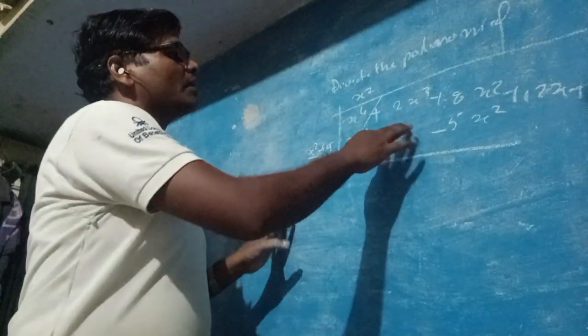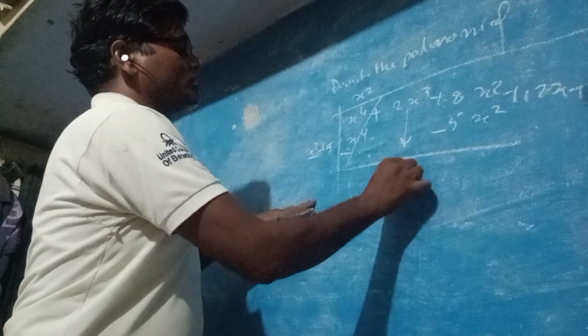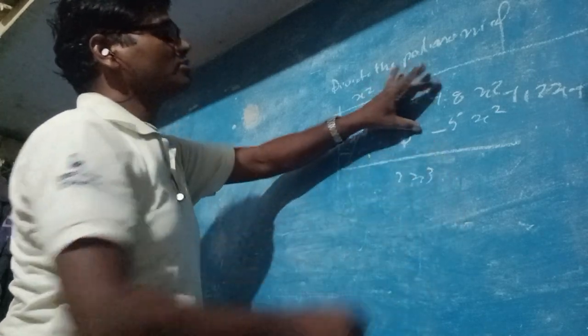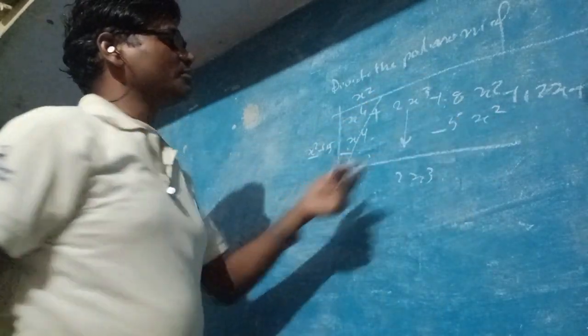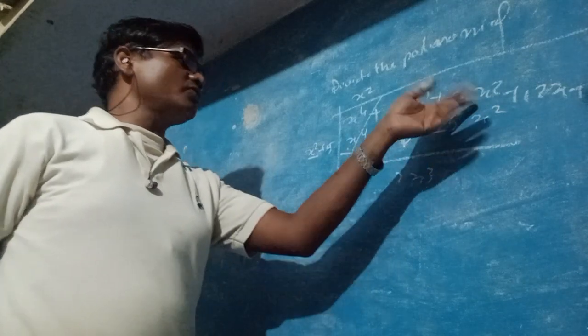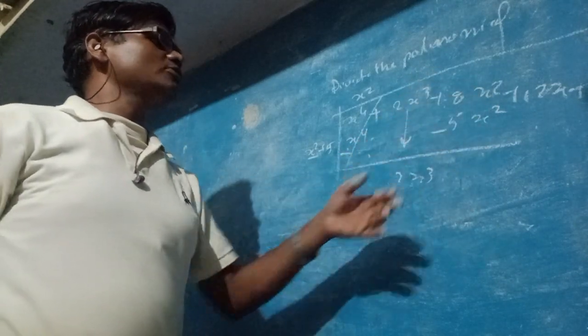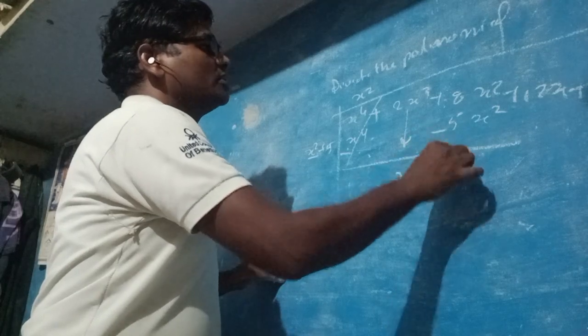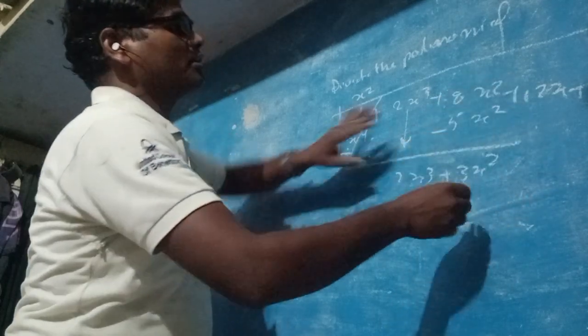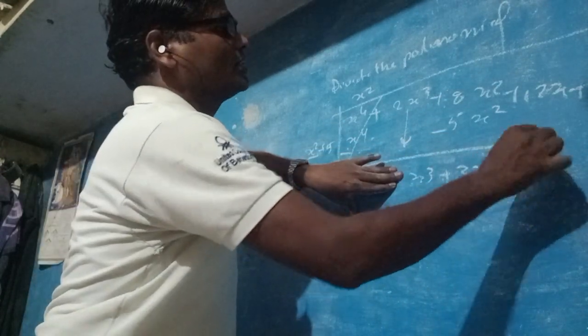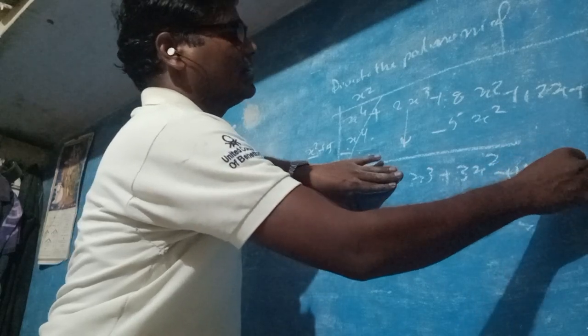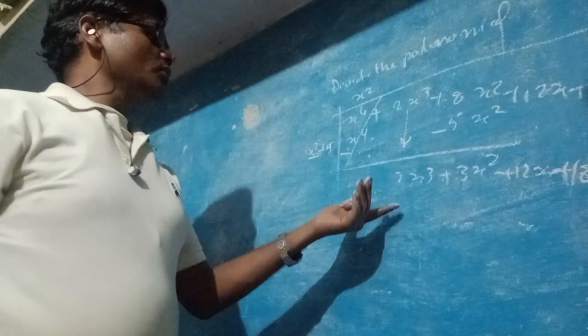Then we will write here 2x cube, and subtracting 5x square from 8x square we get plus 3x square, and the other terms are 12x plus 18, given here. So we will write them here again.